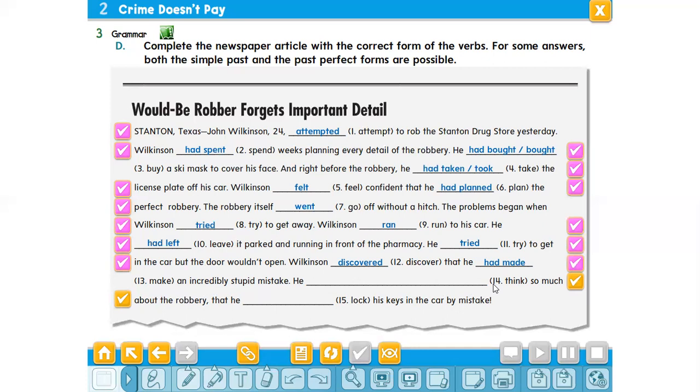He thought or had thought so much about the robbery that he had locked his keys in the car. We can use here thought or had thought or had been thinking, but I prefer had thought. That he had locked or locked his keys.